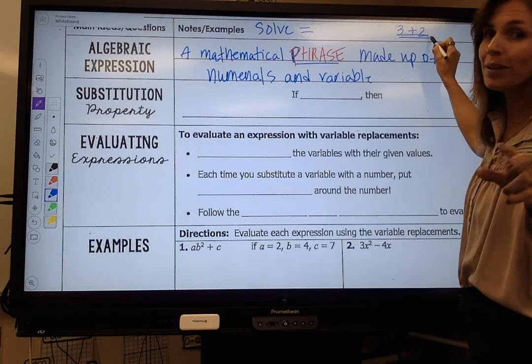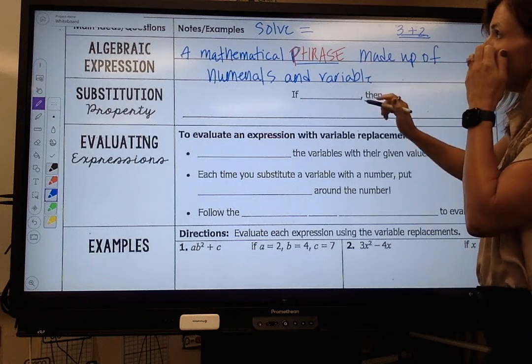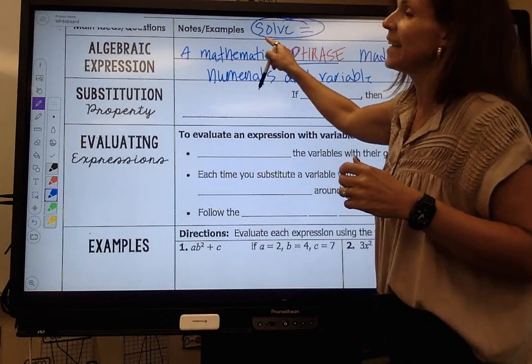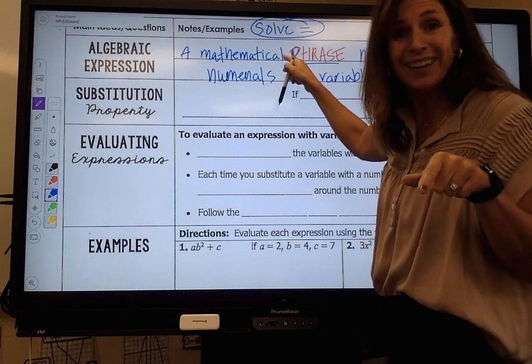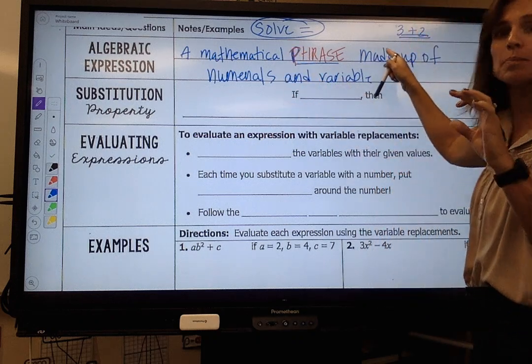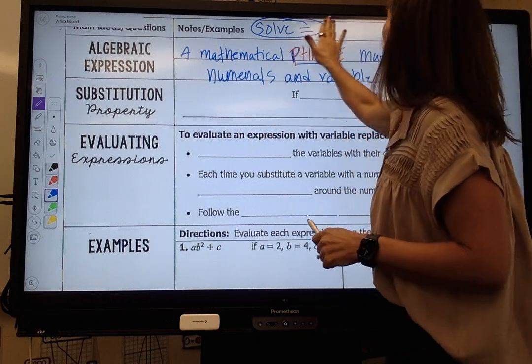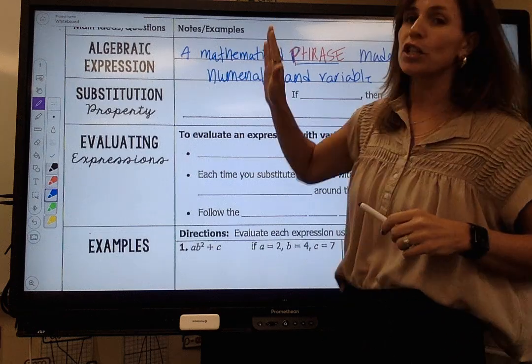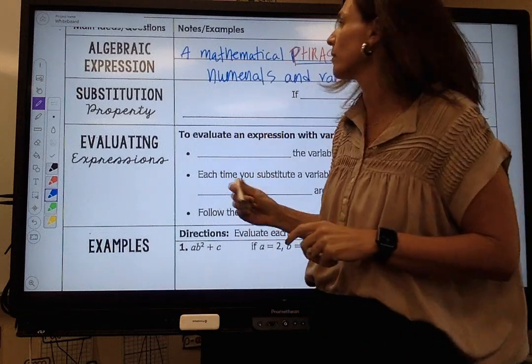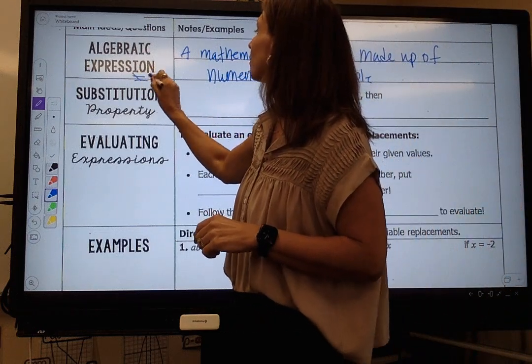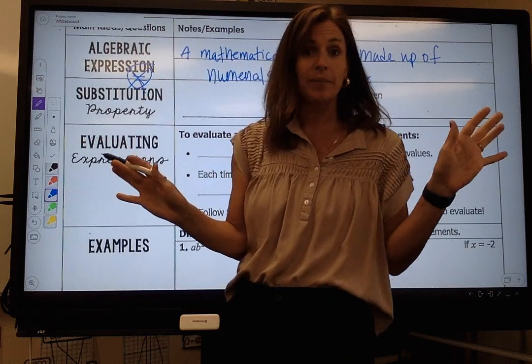An expression means there is no equal sign. This is a sentence because it has an equal sign. This is just a phrase. It's part of that sentence. So, very important to know that in an expression, there is no equal sign. You don't see it. Okay?